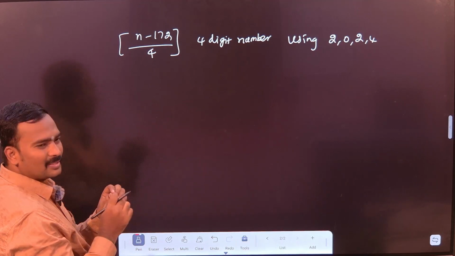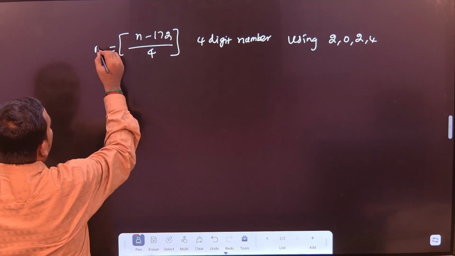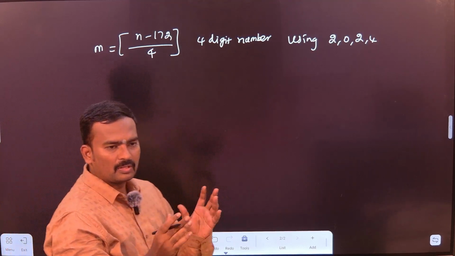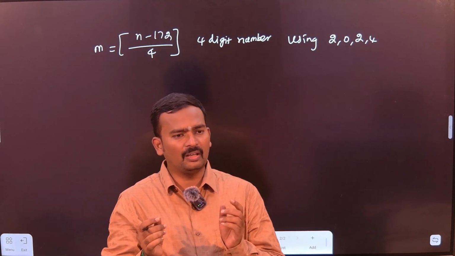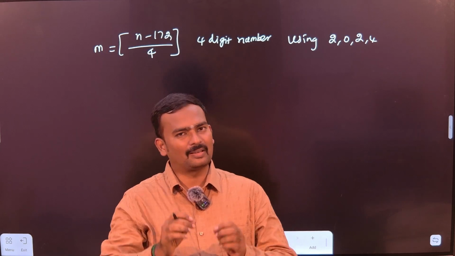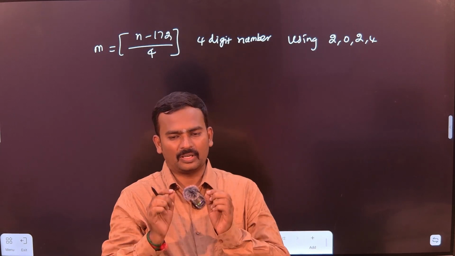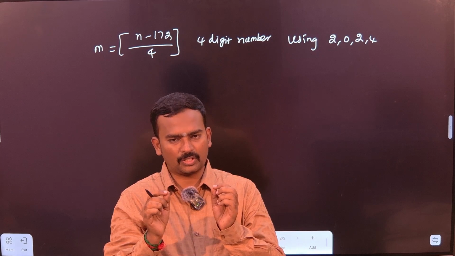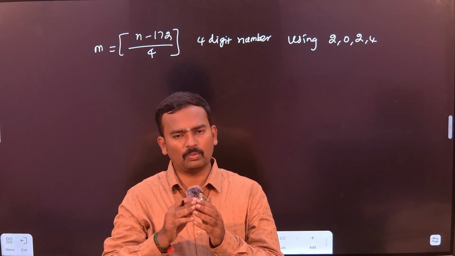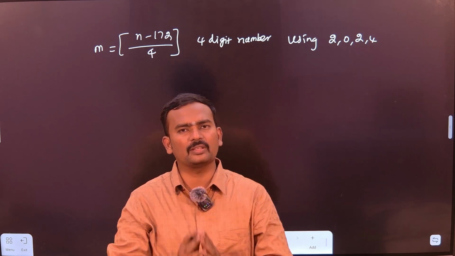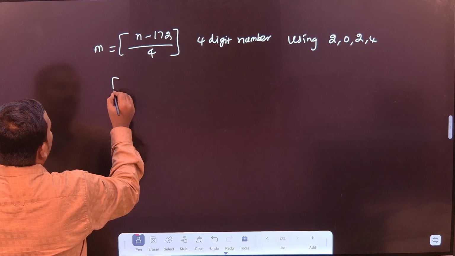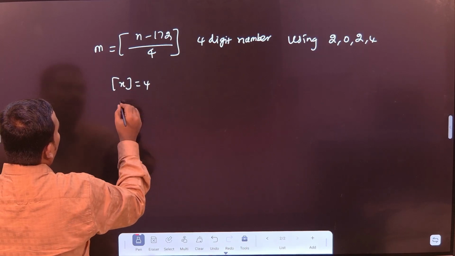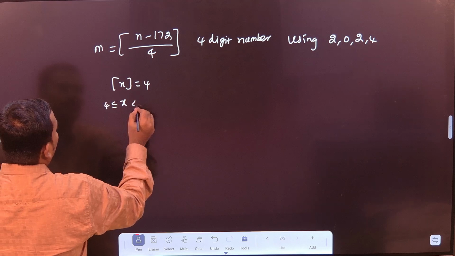Now let us take this as m. This is the greatest integer, always an integer. What is the greatest integer definition? If you don't have an idea, just watch my video that is already posted. The greatest integer function is a function from real numbers to integers. Whatever real number you take, the output is always the greatest integer. Suppose the greatest integer is equal to 4, then x would be from 4 to 5.